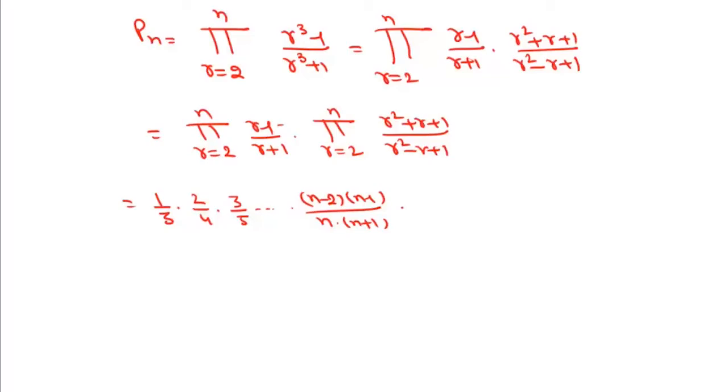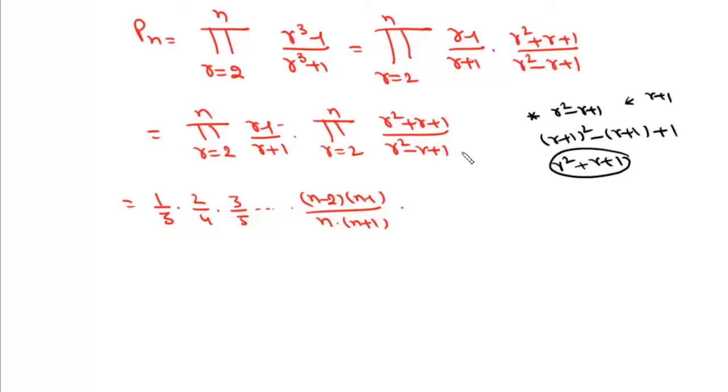Now if we look at this r² − r + 1, if we replace r with r + 1, then it will be (r + 1)² − (r + 1) + 1. So it will be r² + r + 1, which is same as the numerator. So between this r and r + 1, there is a difference of only 1. So terms will cancel after 1.